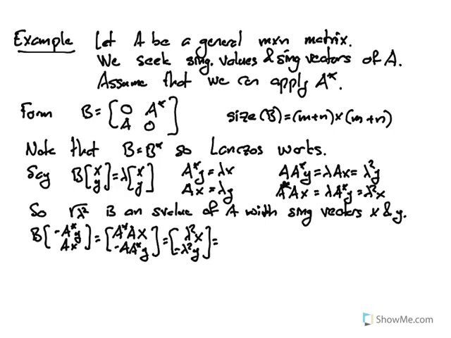We do one more step of playing this game, so this is lambda A star y minus lambda Ax. And now we find that this is minus lambda times (minus A star y, Ax).